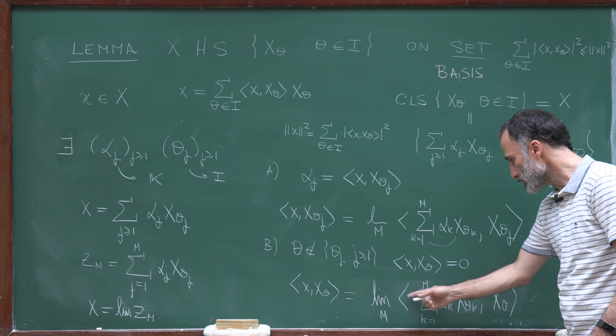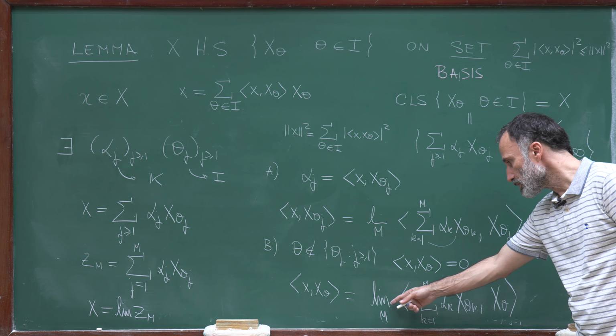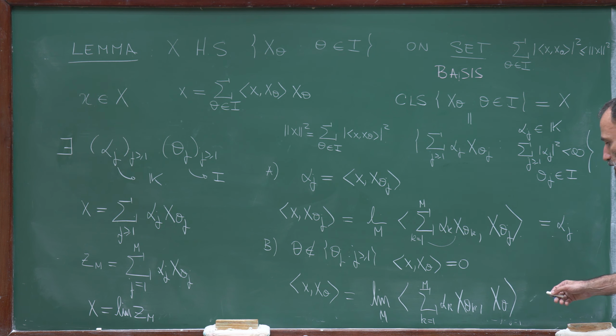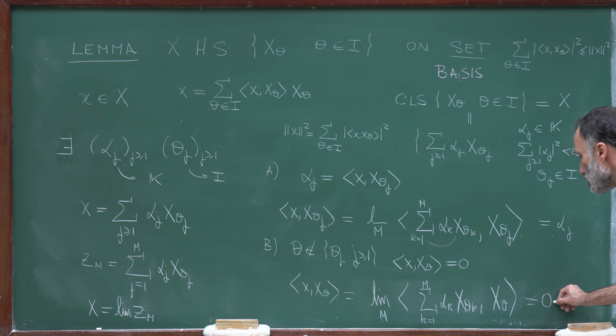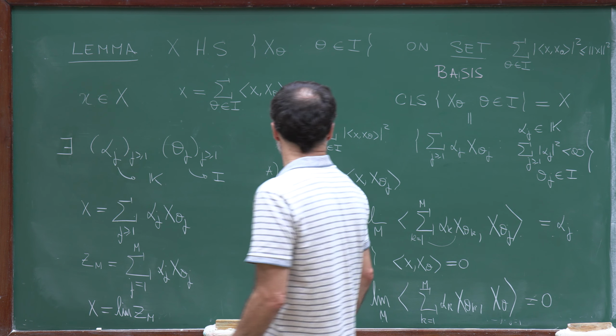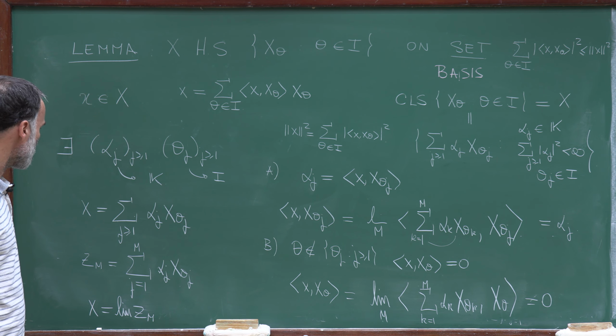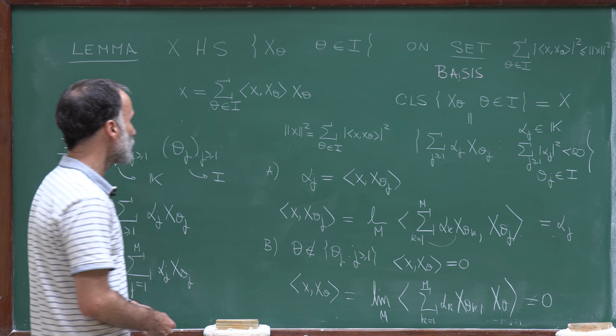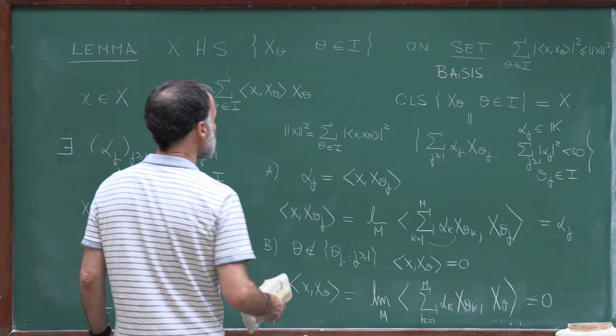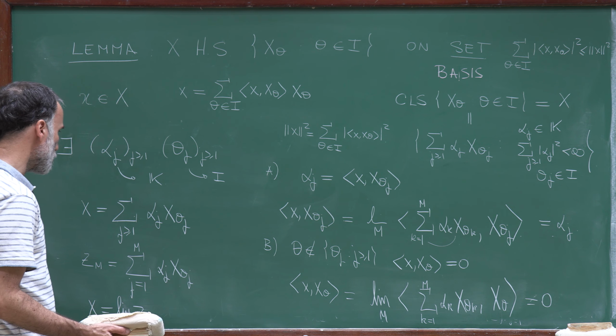Therefore all these terms are 0. This is a constant sequence equal to 0, and its limit is 0. So we proved the second statement, which is that x is orthogonal to all such x theta.